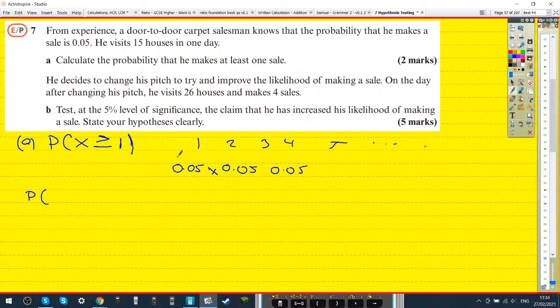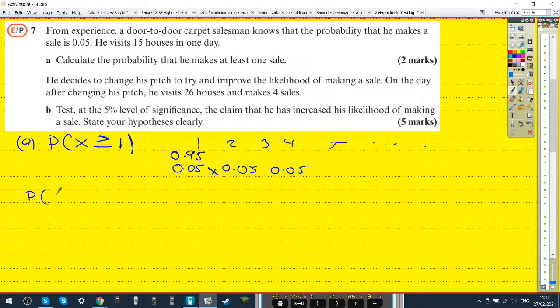What's the probability he doesn't make a sale at the first house? It is 0.95. Oh, okay, I get it now. And so the probability he doesn't make any sales at all 15?